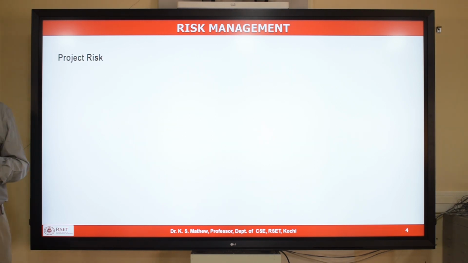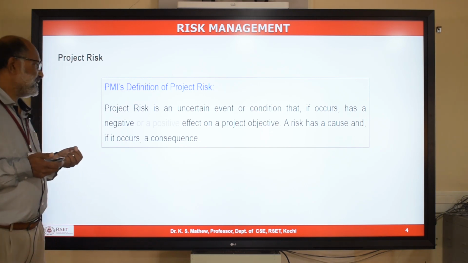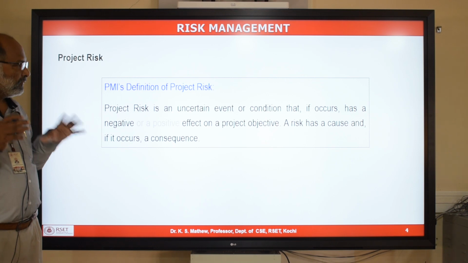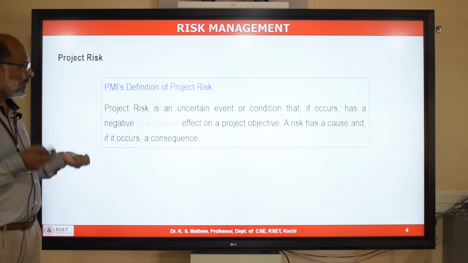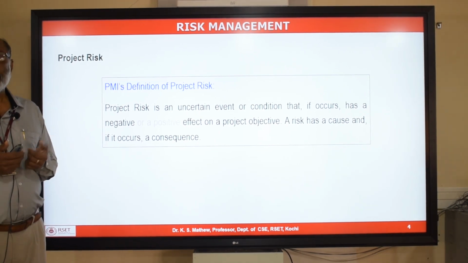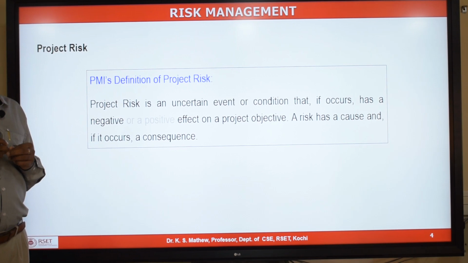Now, if you look at the project risk definition by the Project Management Institute, USA, you will see a slightly different definition. Project risk is an uncertain event or condition that, if it occurs, has a negative or a positive effect on a project objective. So as per PMI, it could be an event which may also have a positive impact on your project objective.